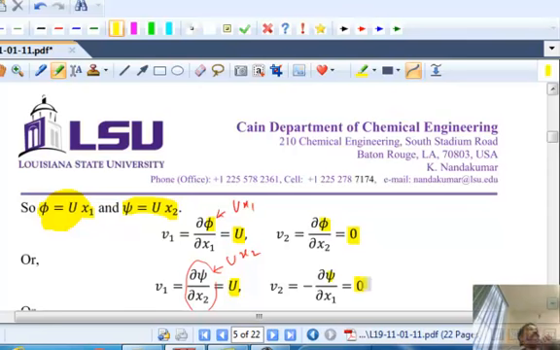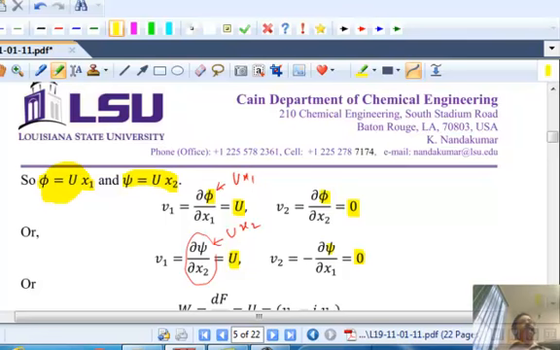So we already know what phi is, what psi is, what v1 is, what v2 is. At this stage, you start sketching out what this velocity field could look like. How would it look? This is x1, that is x2. So v1 is u, right?